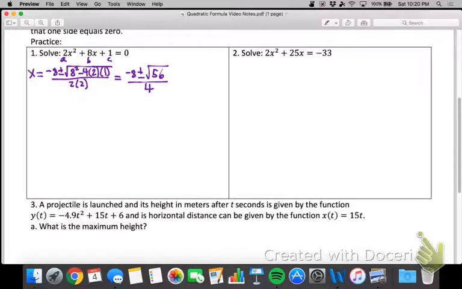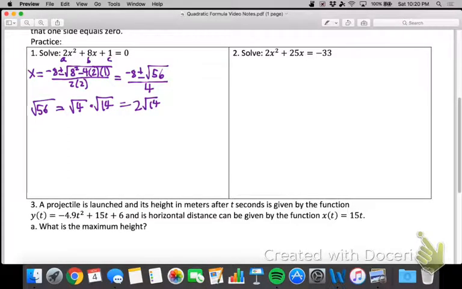Any problem that's not a word problem, we want to simplify the radicals as much as we can. The square root of 56 would simplify to the square root of 4 times the square root of 14. If you have your own way of simplifying radicals that you like better, that's perfectly fine. But this reduces to 2 square root of 14.